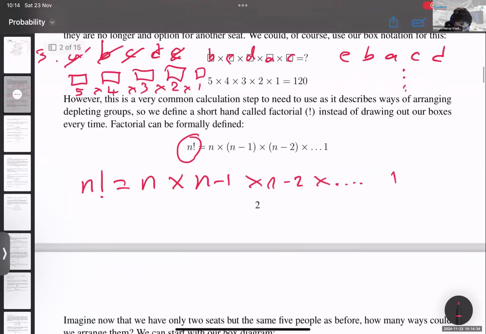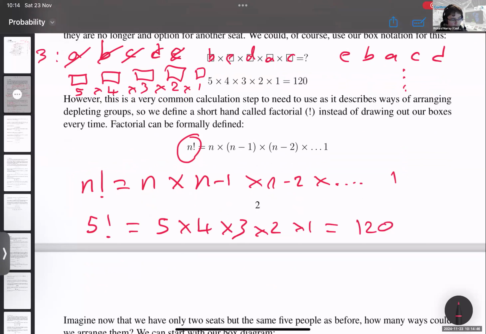So again, just to re-emphasize, if this is the number 5 factorial, that is 5 times 4 times 3 times 2 times 1. In this case, it would equal 120. This is a convenient symbol. And because we have this convenient symbol, we're able to use it in our calculator to take the number directly without having to multiply it out by ourselves.